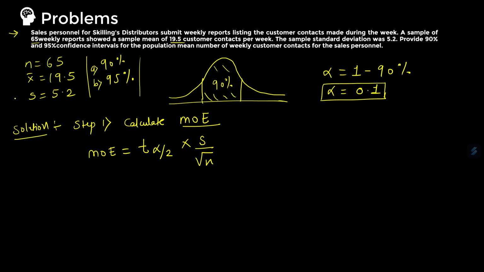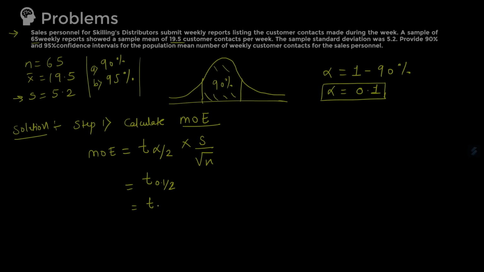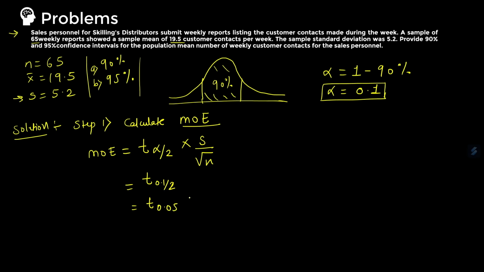Because sample standard deviation is given to us. Population standard deviation is not given to us. Okay. So T alpha by 2, alpha is our 0.1 divided by 2, which comes around T 0.05 into our sample standard deviation is 5.2 and sample size is 65.